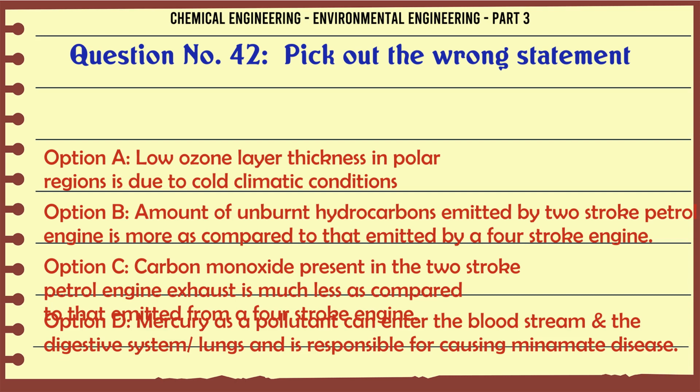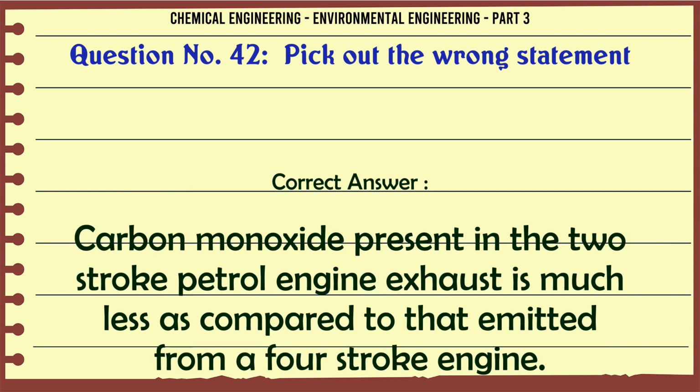D. Mercury as a pollutant can enter the bloodstream, the digestive system, lungs and is responsible for causing Minamata disease. The correct answer is carbon monoxide present in the two-stroke petrol engine exhaust is much less as compared to that emitted from a four-stroke engine.